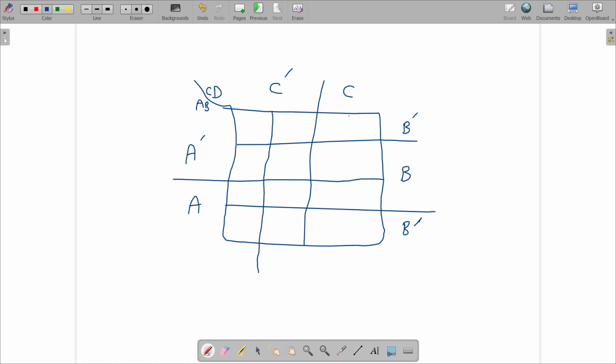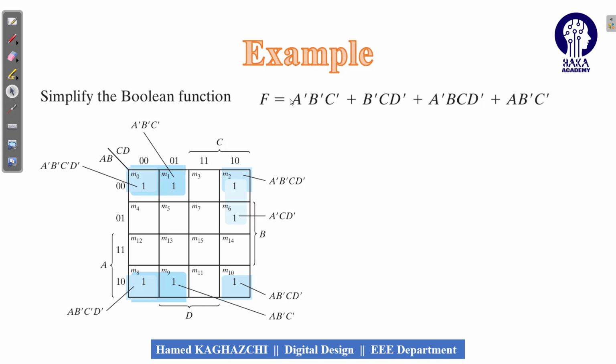And also here is D prime. Okay, now 0, 1, 2, 3, 4, 5, 6, 7, 8, 9, 10, 11, 12, 13, 14, and 15. Okay, now I want to find A prime, B prime, C prime.